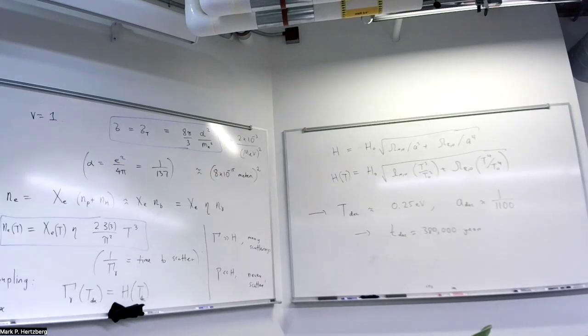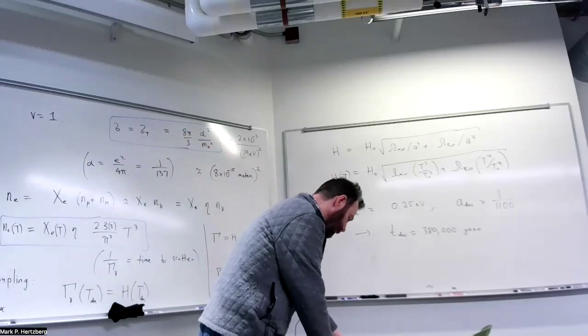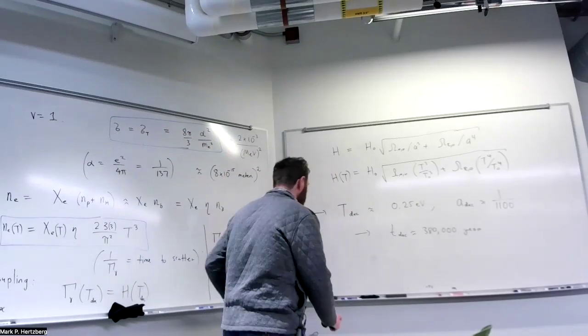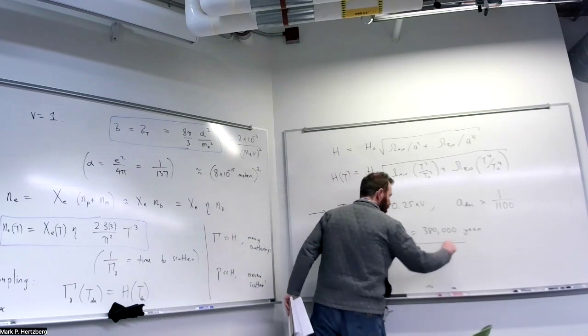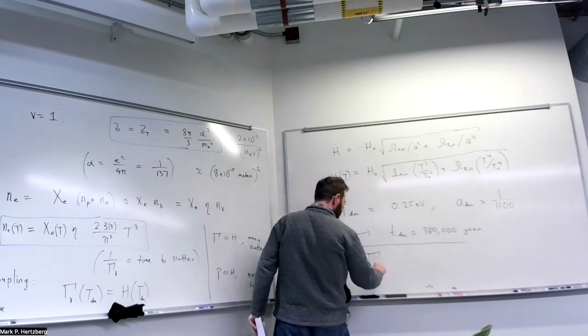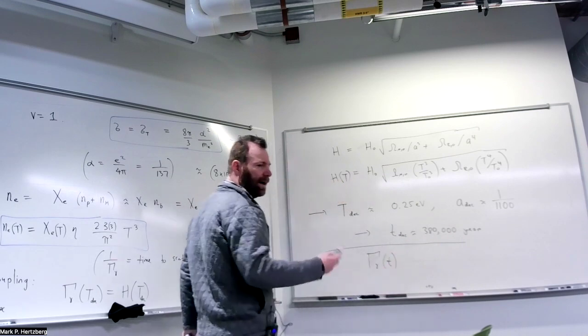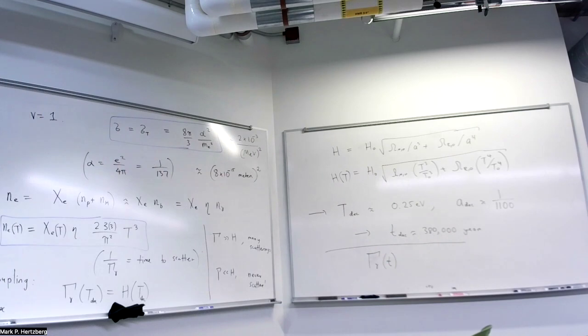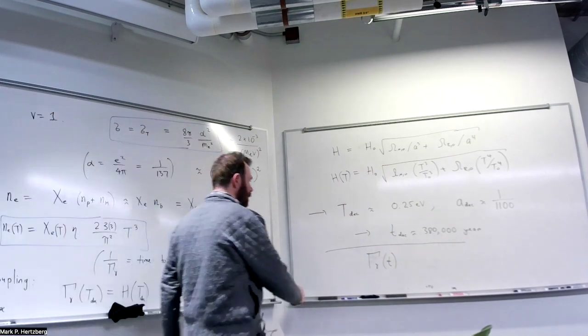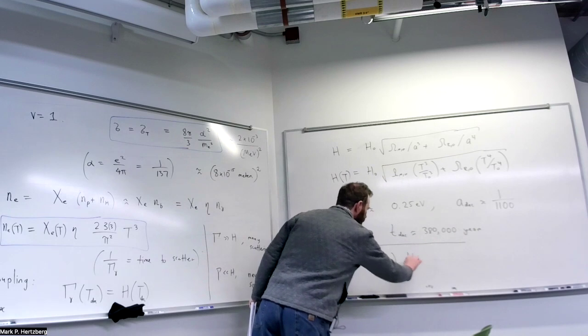Now, if you want to be a bit more precise about this, other than the fact that, I tell you, if you put a 2 here, maybe instead of getting 380,000 you might get 370,000 or something. It's not going to change things much. If you want to be a bit more precise, you can define the following. If you have a rate at which photons are scattering, which is a function of temperature or equivalently a function of time, we can go back and forth, and then you integrate that over time, dt, what does that mean?